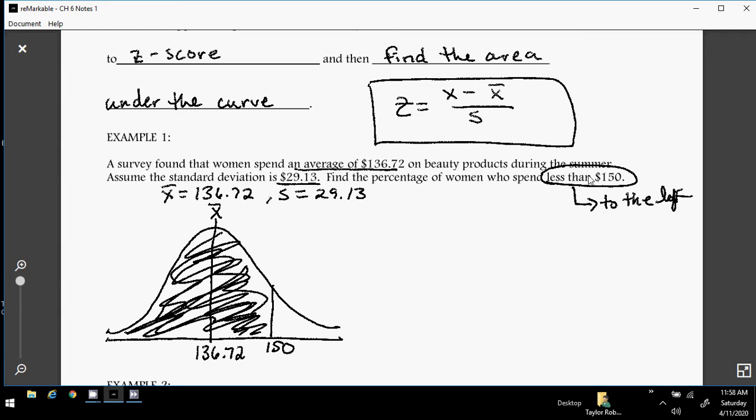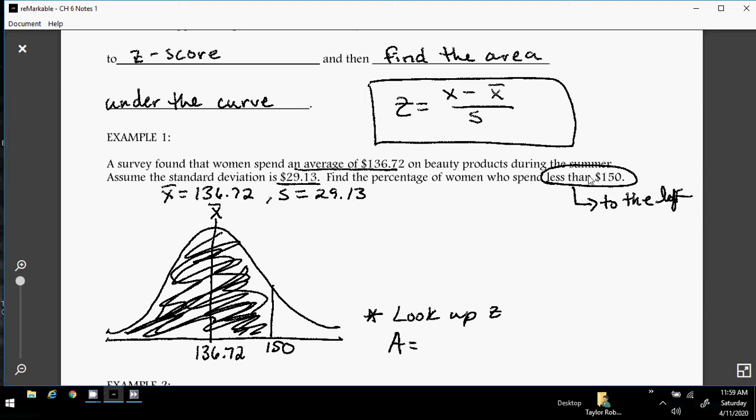We did to the left problems in the last section, and what to the left told us to do is look up our z-values, and that would give me my area or my percentage. The problem is I don't have a z-value, which means I need to find it.